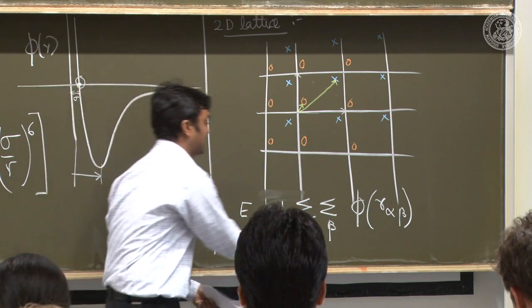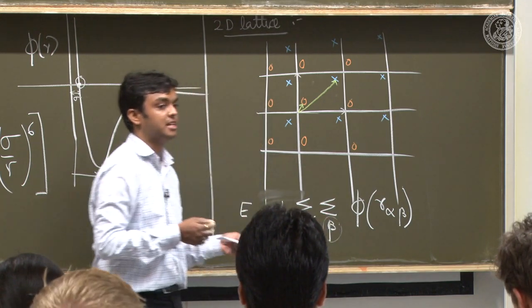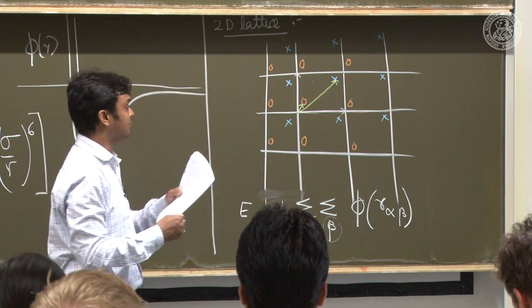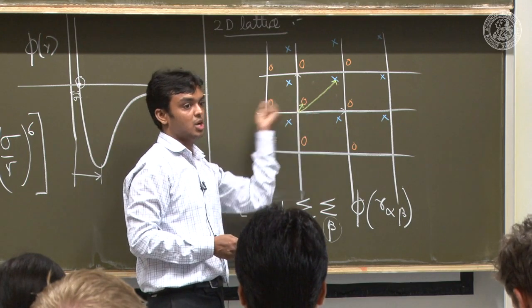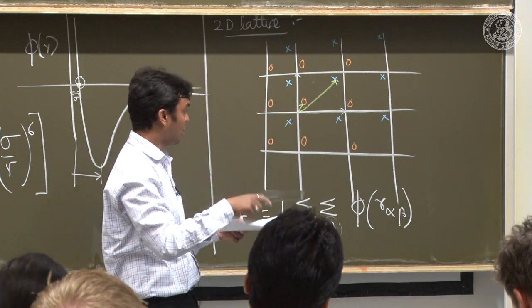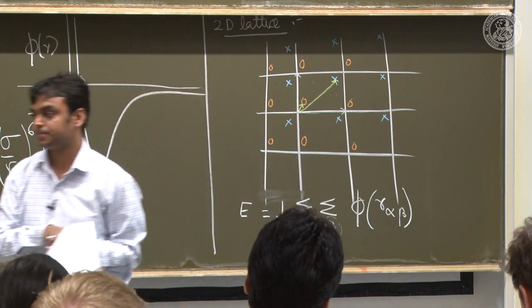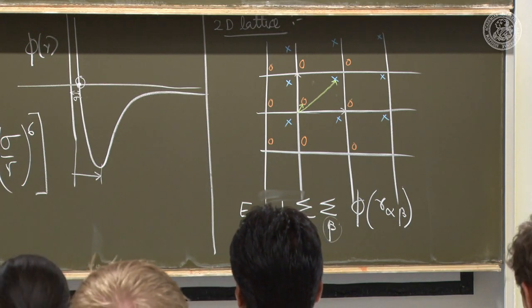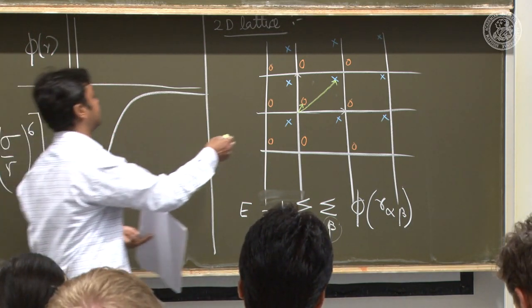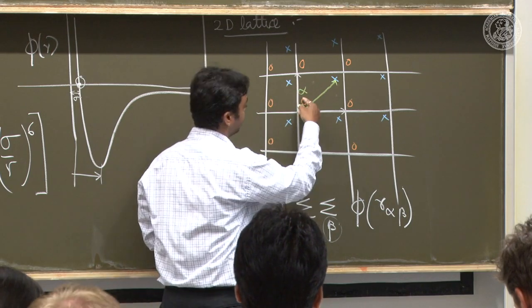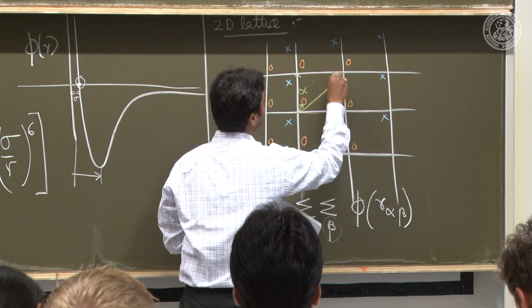Beta is the neighbor of the basis atom. If I call this my alpha, then all the rest will be the beta for it.